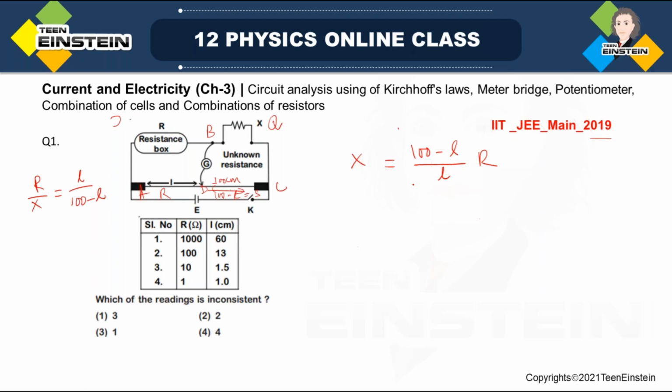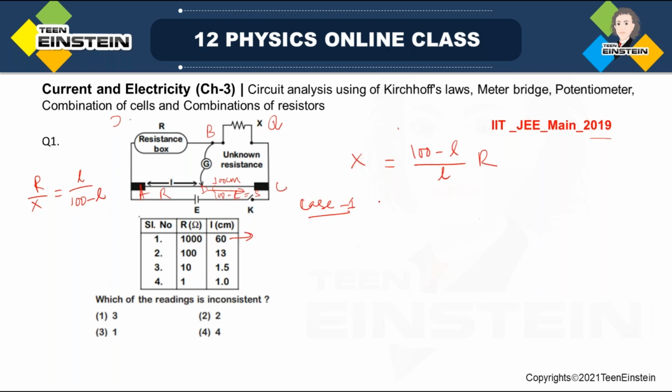Okay, all right. So let us use these readings and find out the unknown resistance and which of the readings is giving what value of the unknown resistance. Okay, so I'll take first reading. Let us say this is case 1.